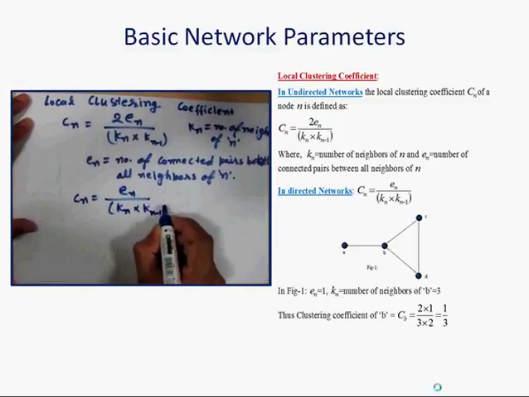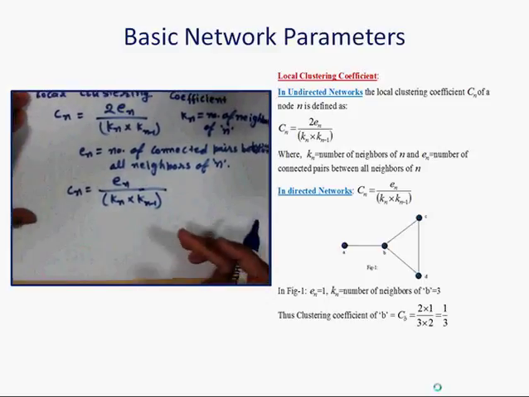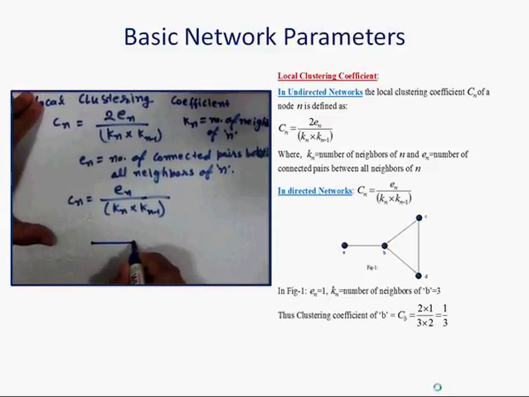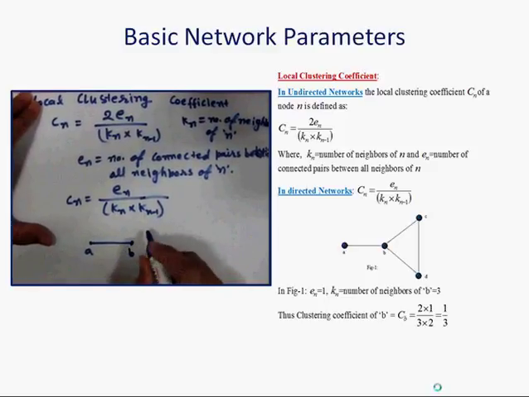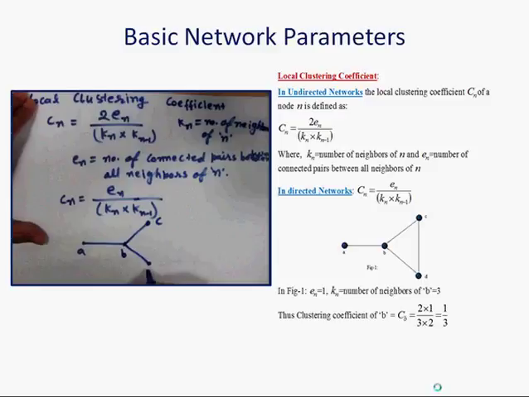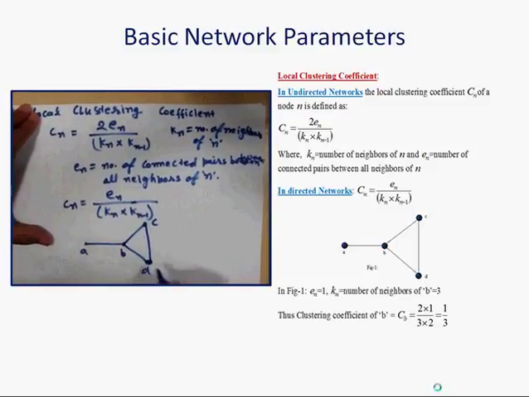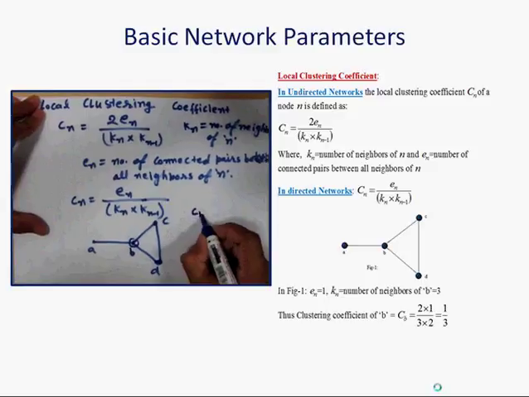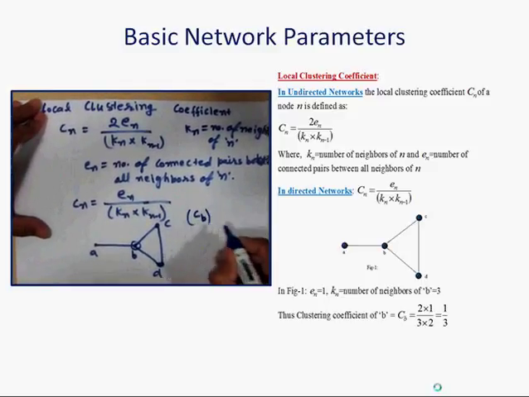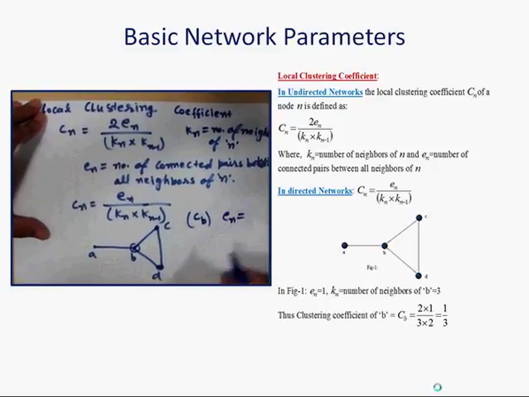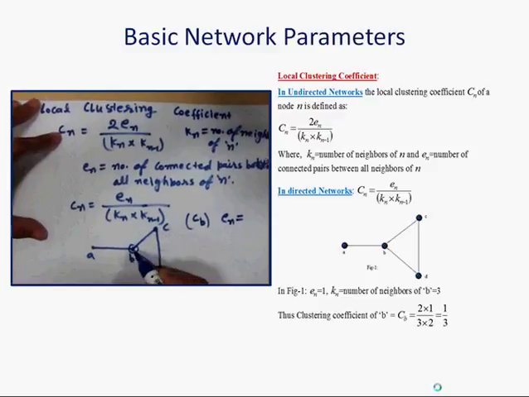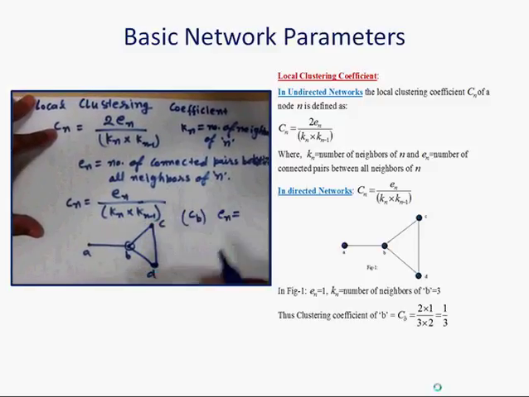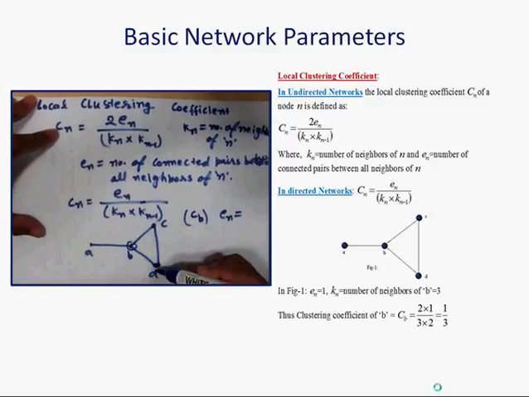Now how to calculate? Suppose we have an example of a simple undirected graph with nodes A, B, C and D, and we want to calculate the clustering coefficient of node B. En is the number of connected pairs between all neighbors of B. We check the neighbors: there is one connected pair, C and D, and no other connected pairs.